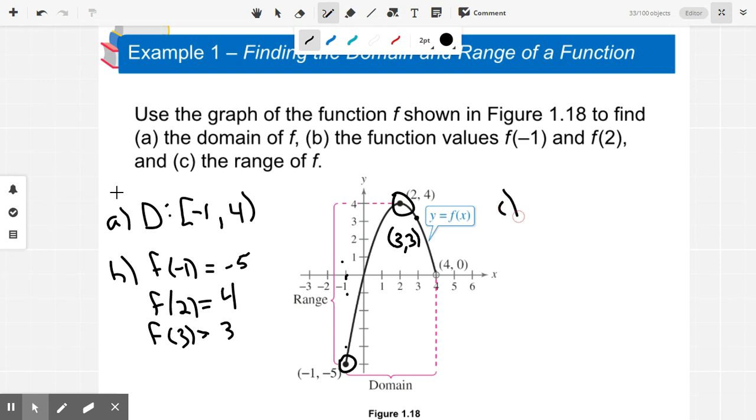Now the last part is the range, and the range is how far it goes up and down. Range is always associated with y. So how far does this graph go up and down? It goes down to here, and it goes up to this point. So what's the lowest y value? It is -5, and it includes -5 because it's a solid point right there.